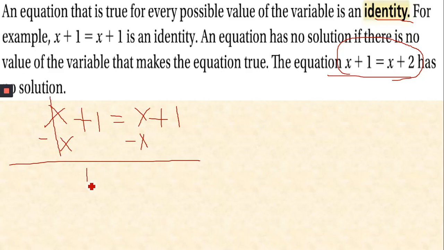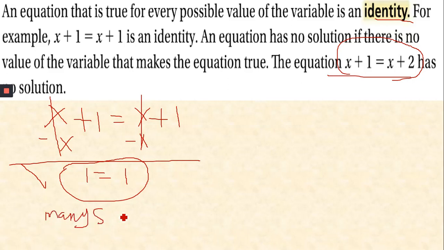So you have there 1 equals, x minus x is 0, bring down 1. Are they equal? Yes, they are equal. Meaning to say, in this kind of example, there are many solutions, or infinite solutions.